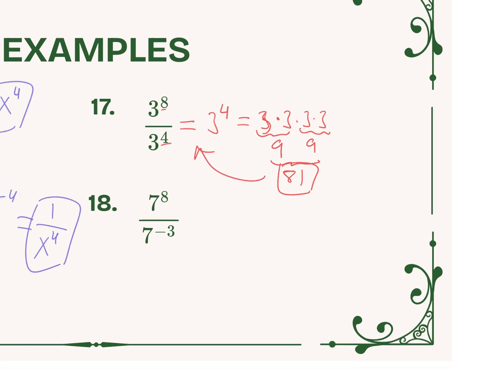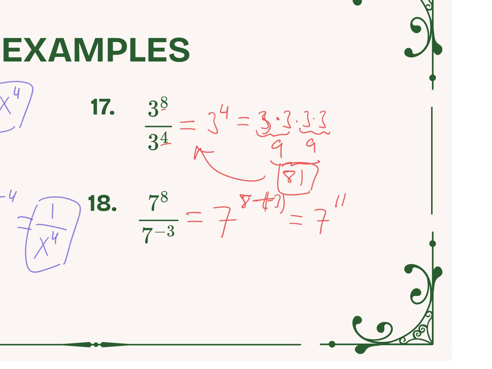All right. And then something like 7 to the 8th divided by 7 to the negative 3. Again, it's going to be 7 to the 8 minus negative 3. So it's going to be 7 to the 8 plus 3, which is 7 to the 11. Something like this, I don't expect you to actually multiply 7 by itself 11 times. You're going to get a huge number.